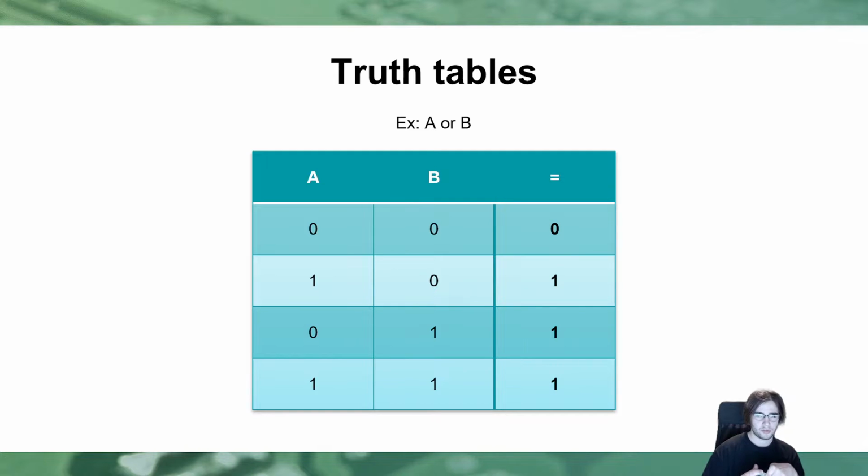For now, I put the truth table for the value of A or B. So basically, we get as our solution: A's value is down here, B's value is down here, and the solution is here.